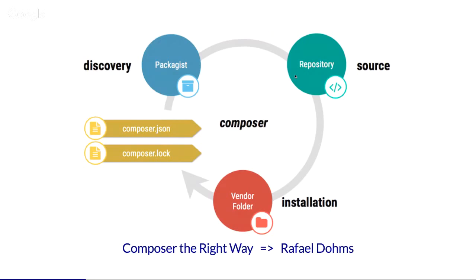That composer.lock file contains the exact version that was downloaded, based on the resolution Composer did from your composer.json file. So basically, we start with the composer.json file where we define all the dependencies we are requesting, and we end up with a composer.lock file that contains the exact versions that will be used for our project.